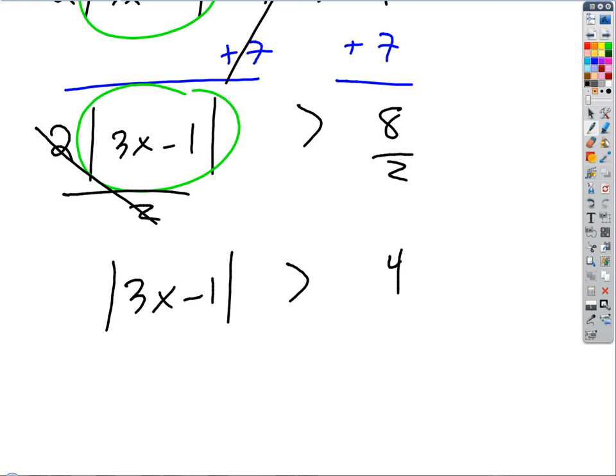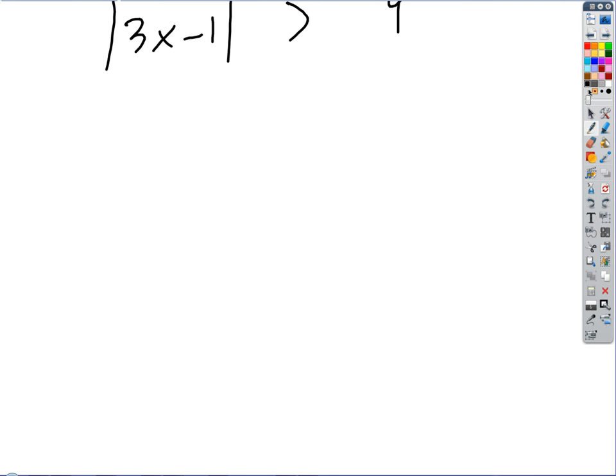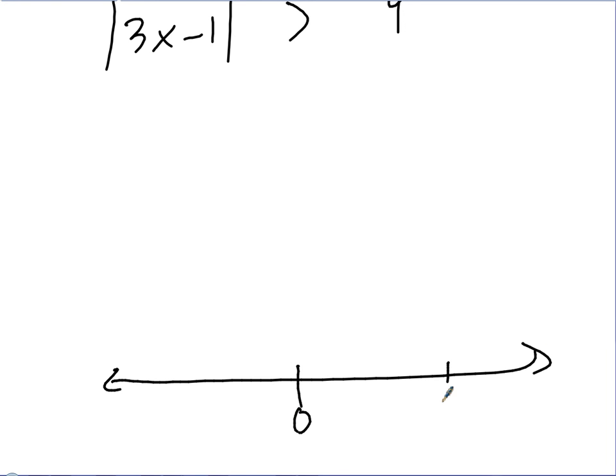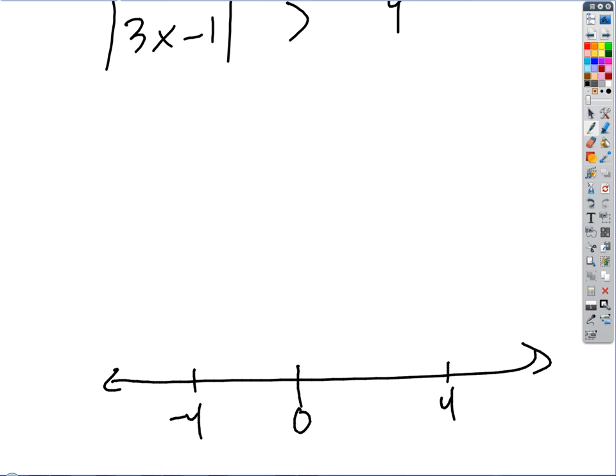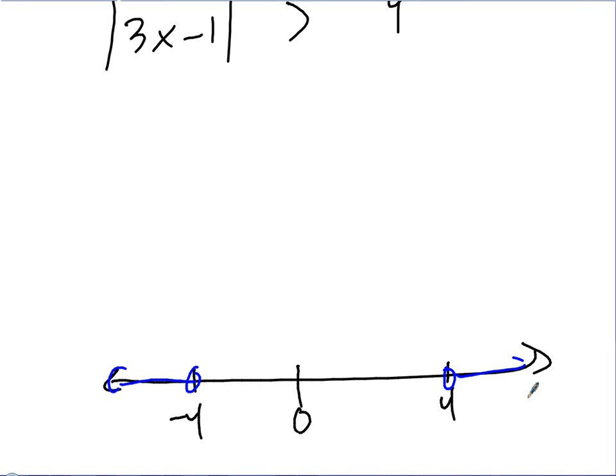Right? So if I were to look at it that way on a number line, there's 0. The two numbers that are going to be exactly 4 away from 0 are 4 and -4. If I want the values that are further away, is that going to look like this? So we can see that we're going to have an OR inequality for our answer, aren't we?